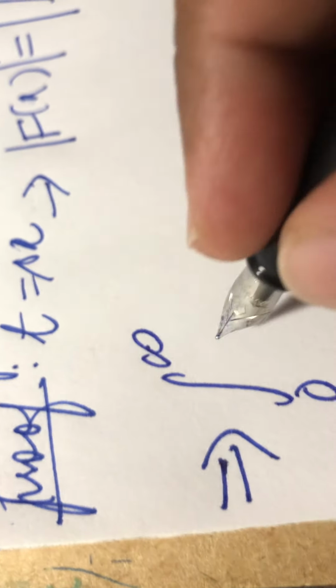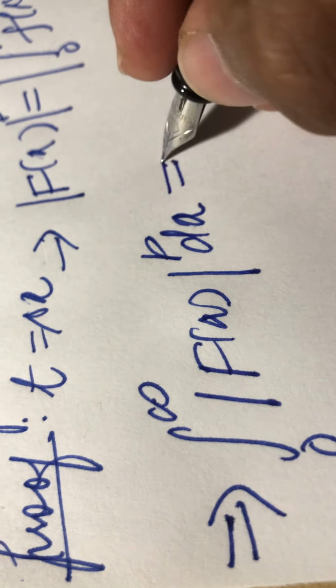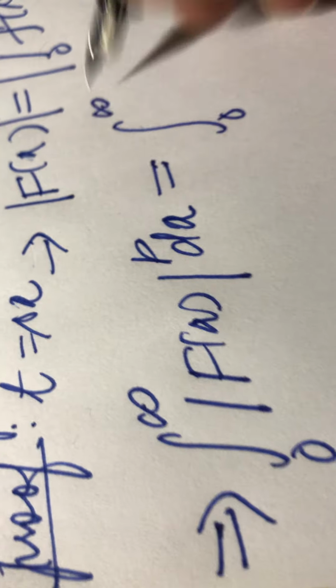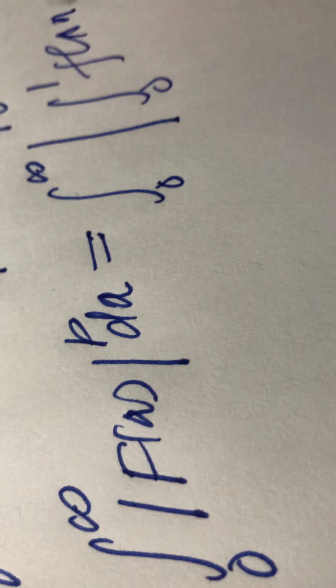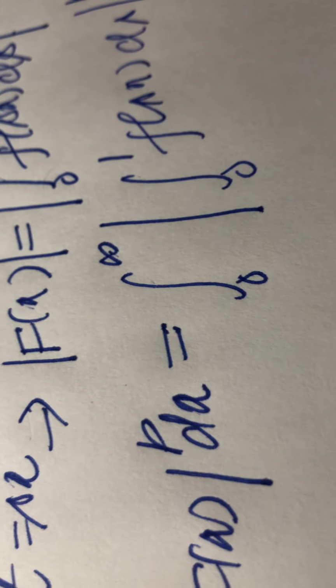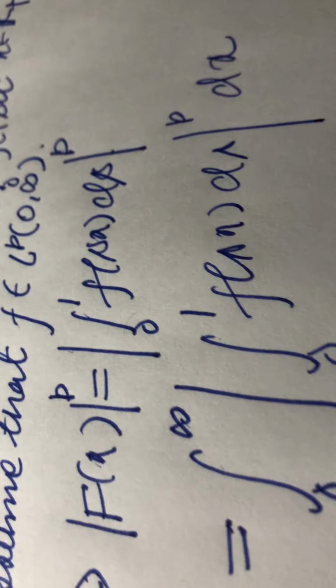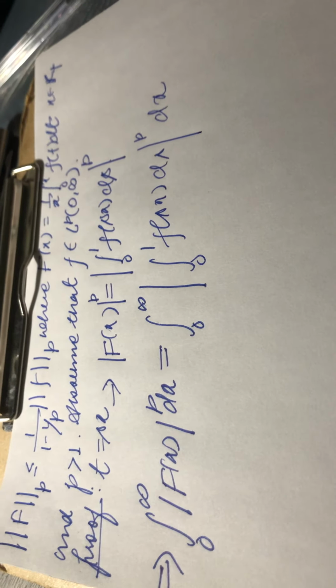So we'll get the integral from 0 to infinity of f(x) raised to the pth power with respect to the normal Lebesgue measure dx, and on the right, the integral from 0 to infinity of the absolute value of the integral from 0 to 1 of f of sx ds, whole to the p, dx.